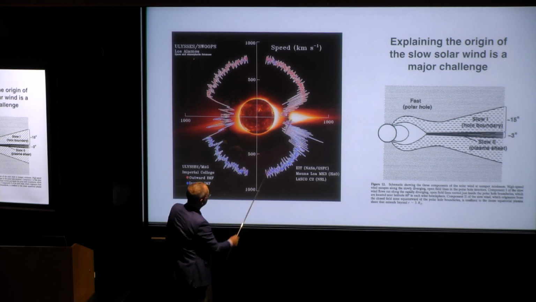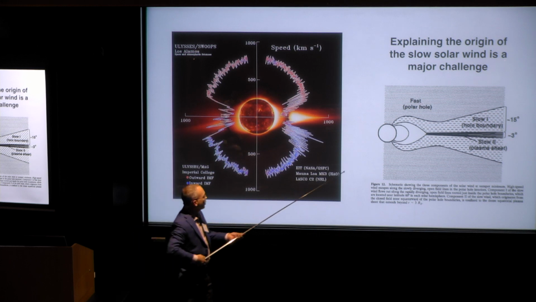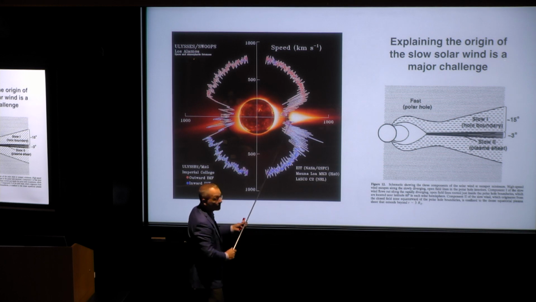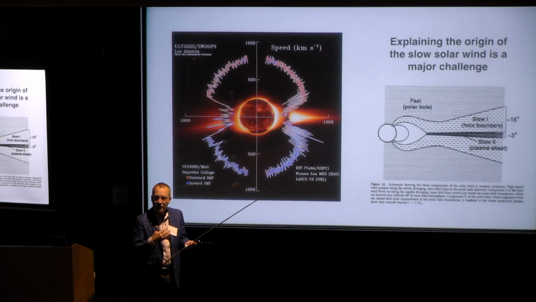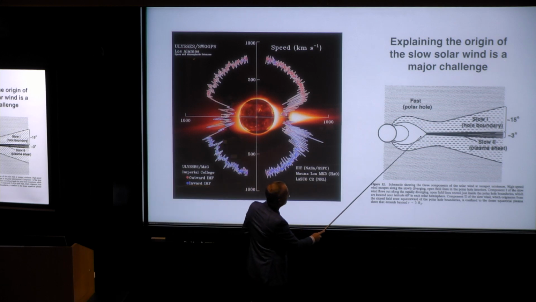In this region, the question is, how does plasma go from closed field lines close to the sun to open field lines and fuel the slow solar wind? The solar wind on open field lines is fast. The solar wind emitted from the region where the field lines we believe are closed is the slow solar wind. And we're interested in how plasma is transported between the two.